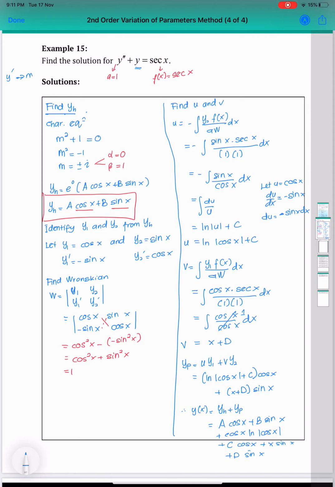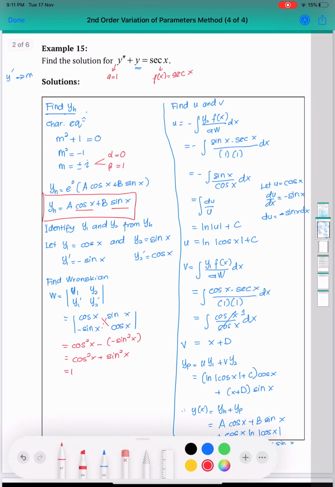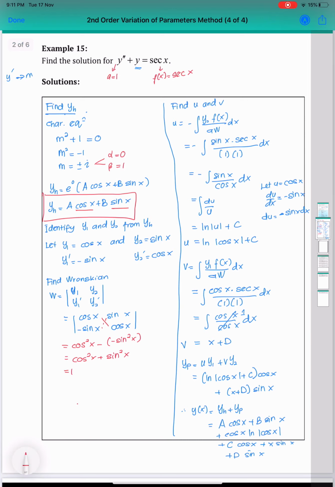I can also combine my a cos x with c cos x and b sin x with d sin x.